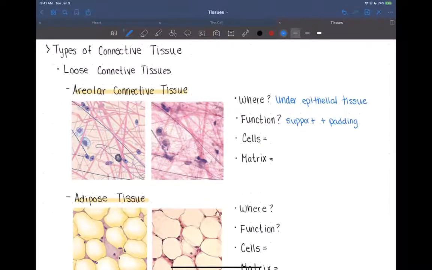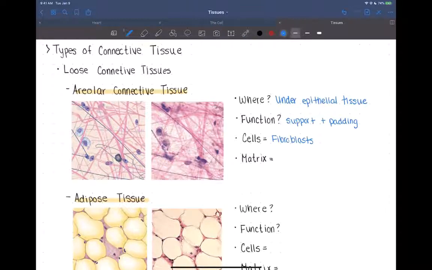Our cells here, you can see them scattered throughout. If we're looking at the actual microscope, we have all these cells here. The majority of these are going to be fibroblasts. That's what we're going to focus on at least. You can actually see they've drawn this cell here to be a mast cell, and probably one of these would be a macrophage.